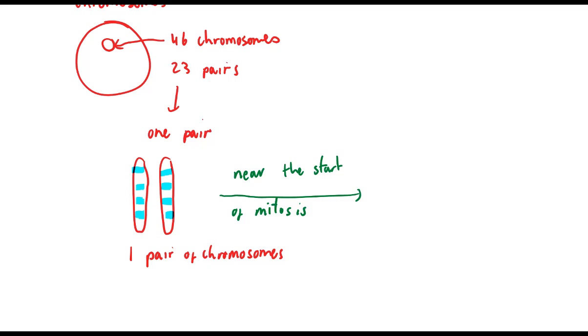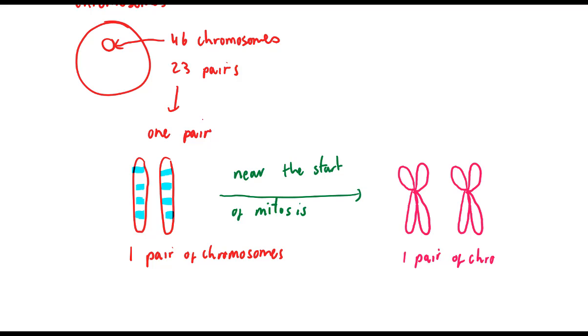And we get something like this. Now what's happened here is each chromosome has copied itself. Now this is still one pair of chromosomes, but we can see here that each one is made up of two strands.